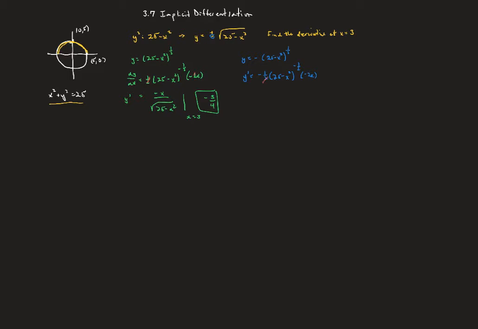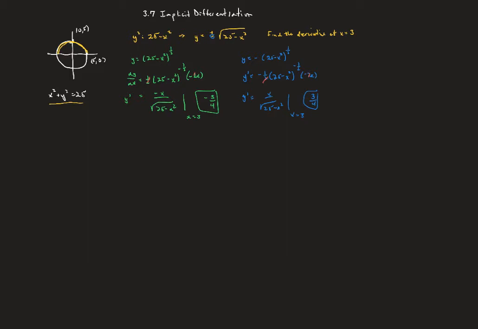Once again, the 1/2 and the negative 2 are going to cancel. This time, though, we have two negatives, so it'll be x over the square root of 25 minus x squared. When we evaluate this one at 3, we get a positive 3/4. So one derivative is negative 3/4, and one is positive 3/4.